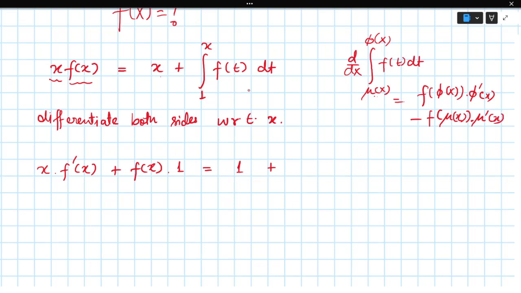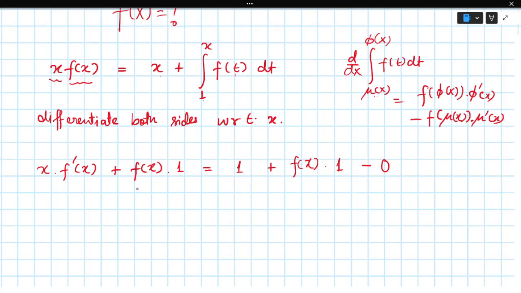That's the formula. If we put x at the upper limit, we get f(x) times the derivative of x, which is 1. If we put 1 at the lower limit, we get f(1) times the derivative of 1 with respect to x, which is 0 because it is a constant. Constant simply means independent of x. So that term will be 0.